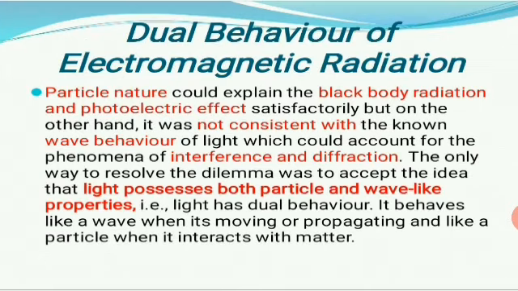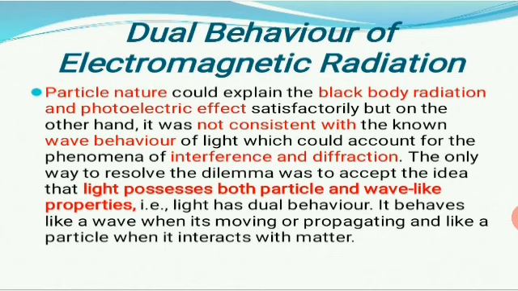From these conclusions, we came to know that electromagnetic radiation has a dual behavior. The particle nature could explain black body radiation and the photoelectric effect. On the other hand, it was not consistent with the known wave behavior of light, which could account for the phenomena of interference and diffraction.